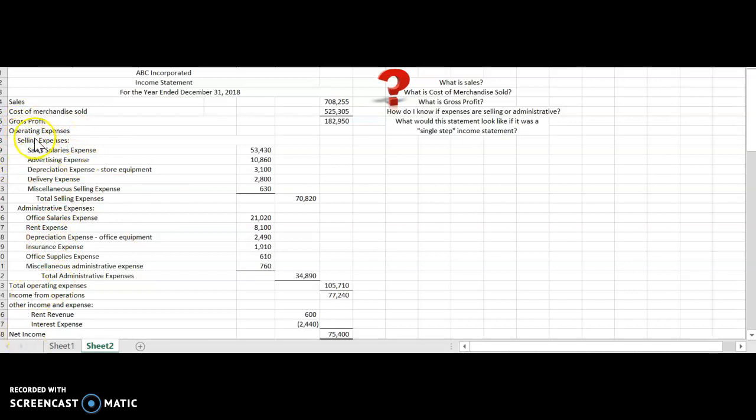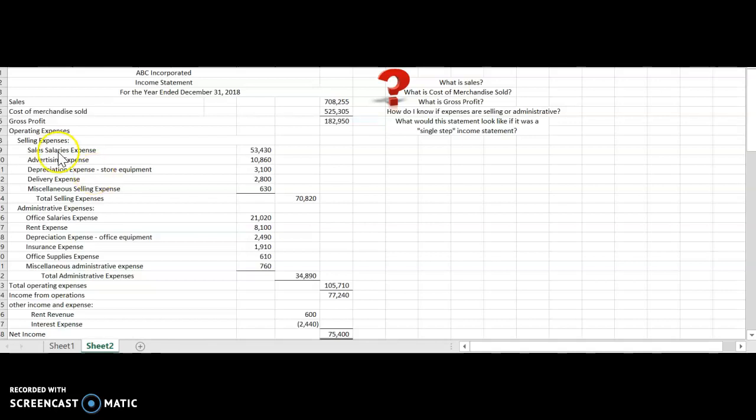So if it's a selling expense, this is really everything that happens inside the store. So if you think about a wireless carrier, they would have a corporate office, and inside that corporate office, all the administrative costs happen. And then they would have stores, and that's where a normal customer could go in and buy a phone or sign up for a service. That's a store. Those costs that happen inside the store are going to be your selling costs.